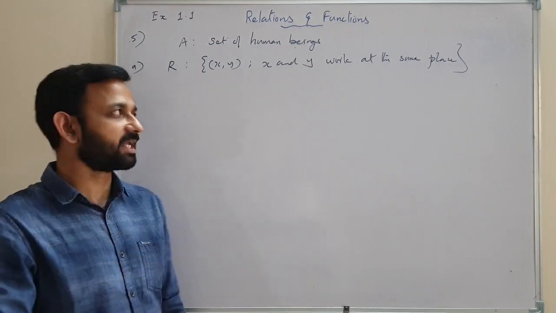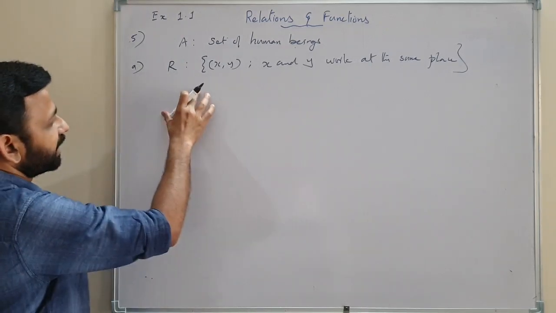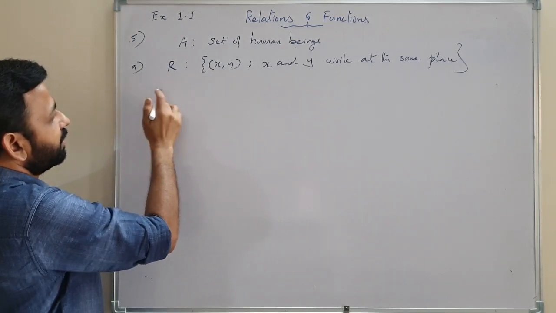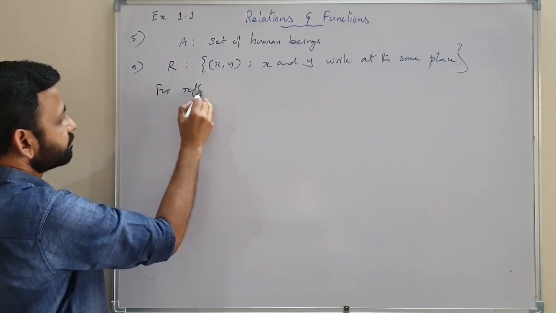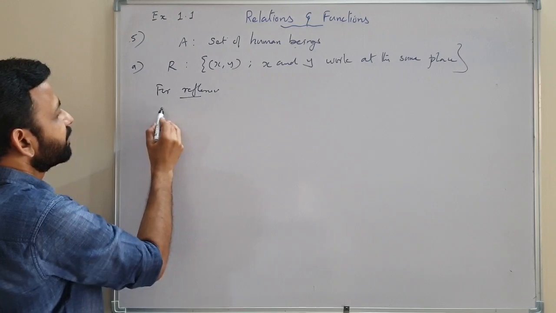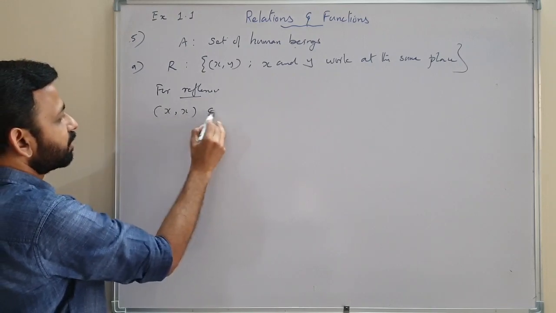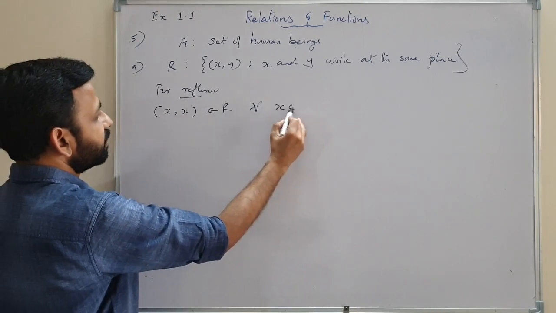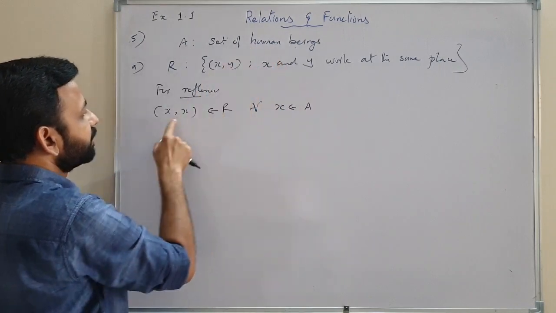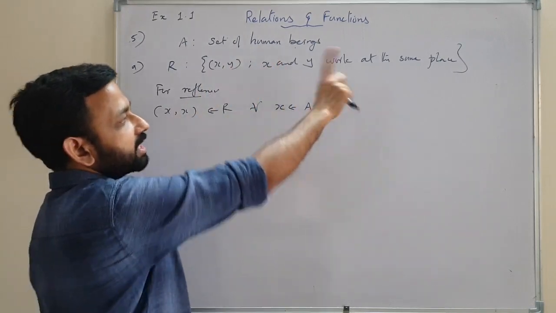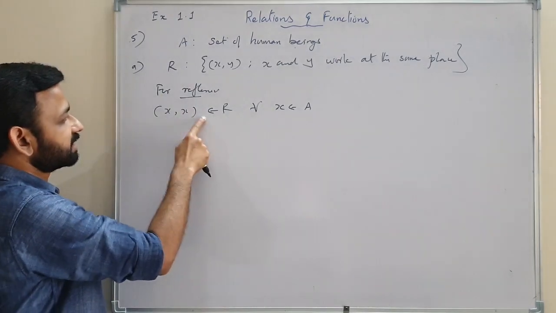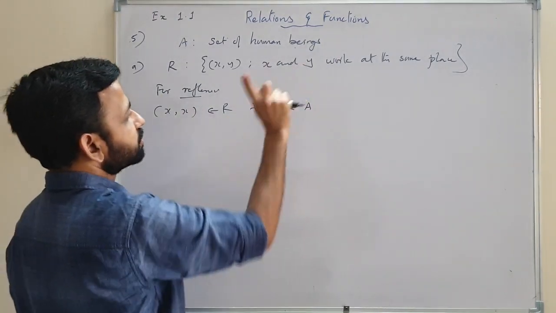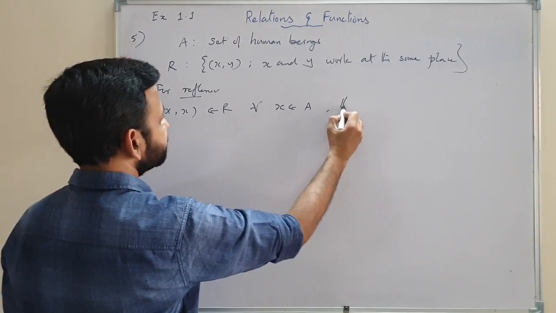Mathematically that statement is correct. For reflexive, (x, x) belongs to R for every x belongs to A. So it is reflexive.